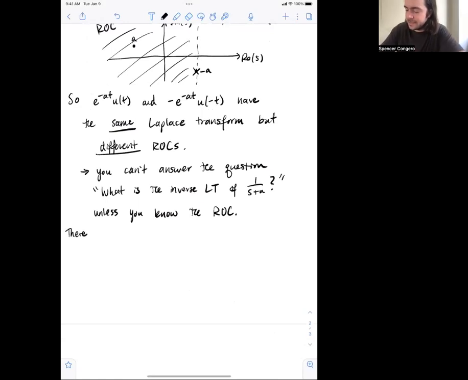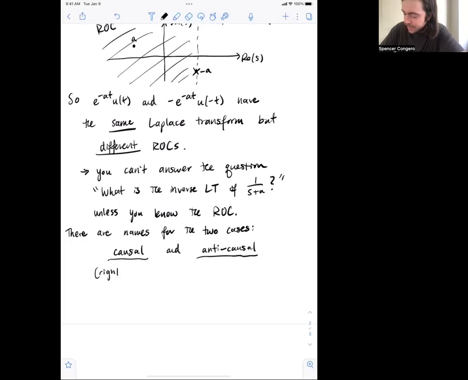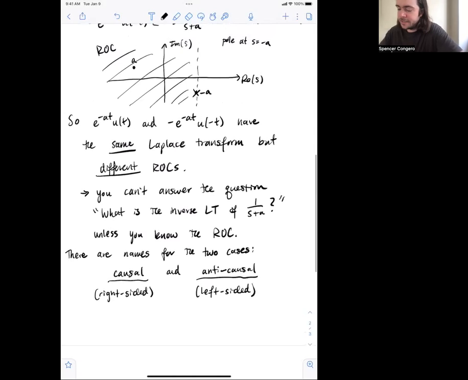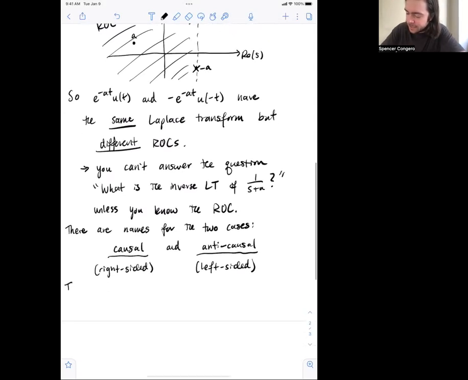And here finally is the definition for those words I said at the beginning. So they are names for the two cases. Okay, so they're called the causal and anti-causal Laplace transforms. That's one piece of terminology that a lot of people use, but some other people also just say right-sided and left-sided. Okay, so let me just say in this example what it is, and we'll talk about it some more.